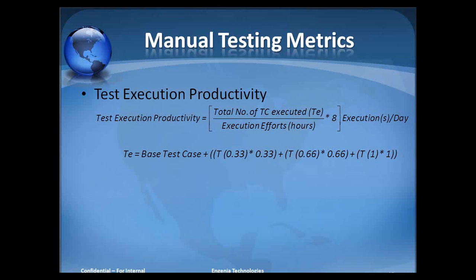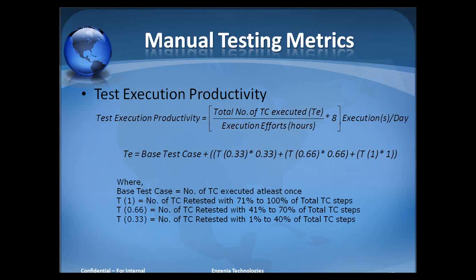It is equal to the base test case plus we have another category, for example, the number of test cases retested, so this is T into 0.33. This is another string which I am showing you over here. The base test case is the number of test cases executed at least once. So this is the full test case which is executed.